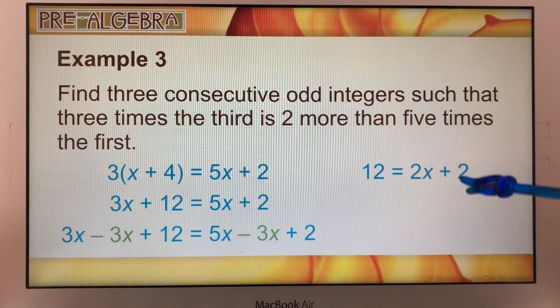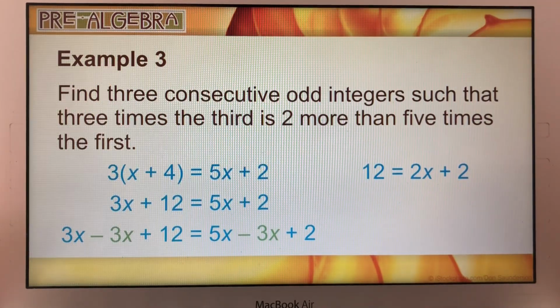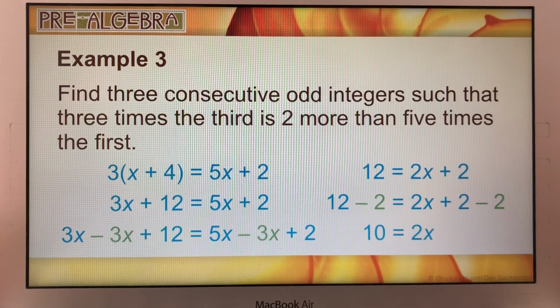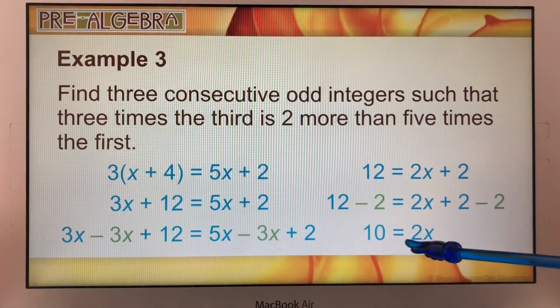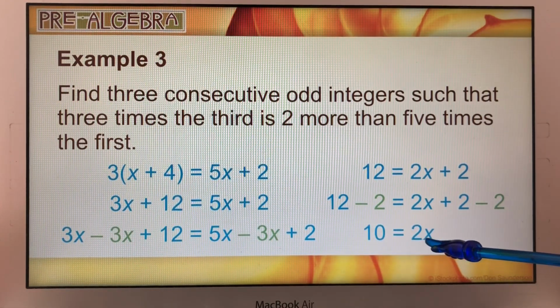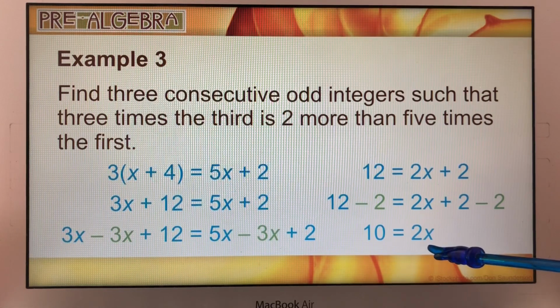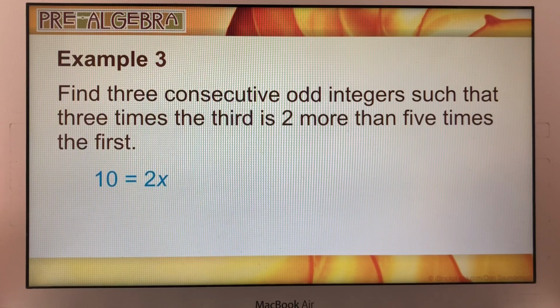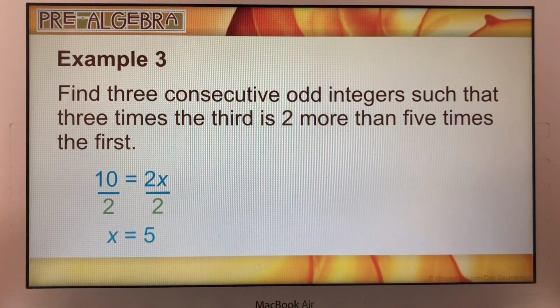Now I can bring my 2 over to the other side of the equation, and I have 12 minus 2, and that's equal to 10. And that's equal to 2x. Then I'm going to solve for x by dividing by 2, and then x equals 5.